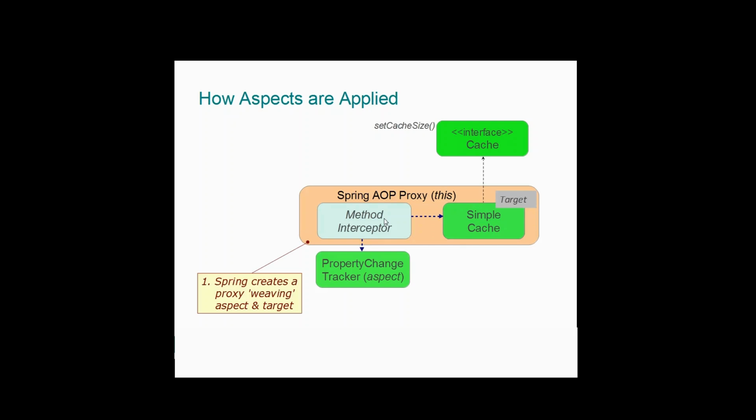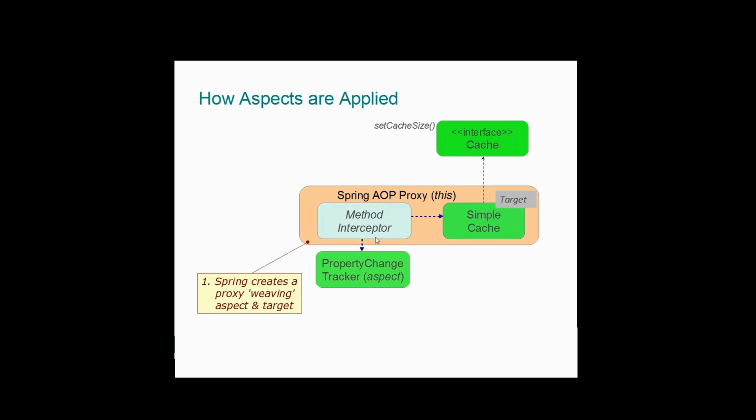When it creates a Spring proxy object, this is going to implement the cache interface, and it keeps a reference to the target object, which is the simple cache object, and also a reference to the property change tracker, which is an aspect I've created as a bean. That's an aspect bean. This Spring proxy object will keep a reference to these two.